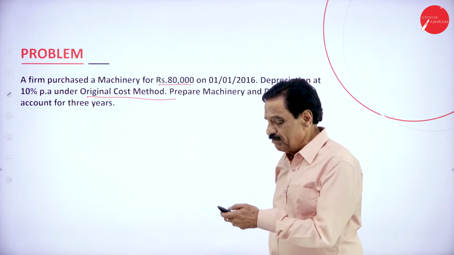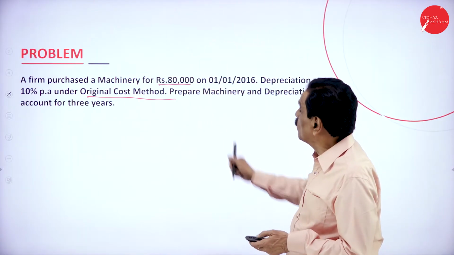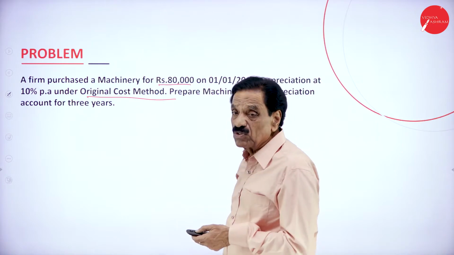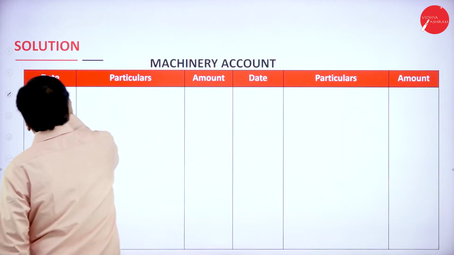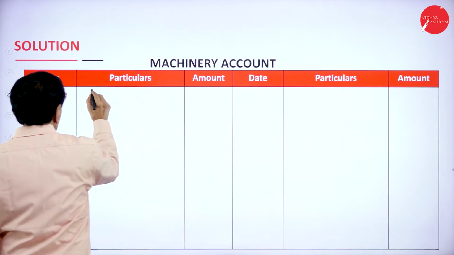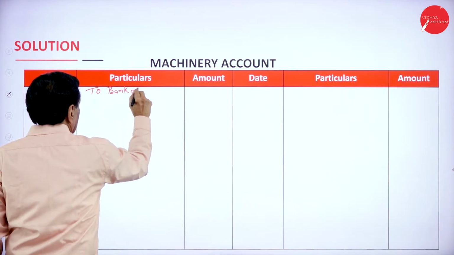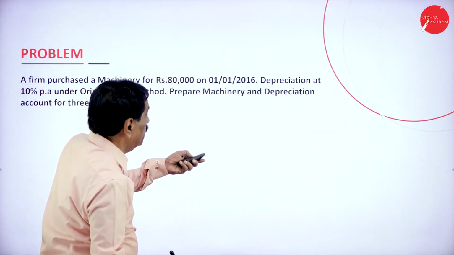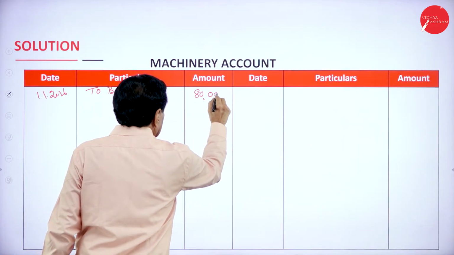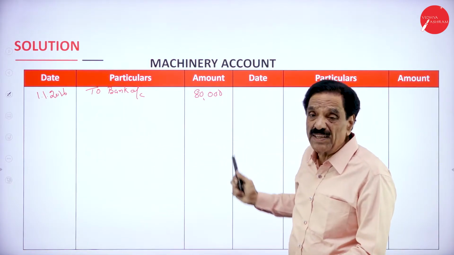We'll start now. First, machinery account. What is the cost of the machinery purchase? 80,000. Which date was it purchased? 1/1/2016. To bank account, 80,000.